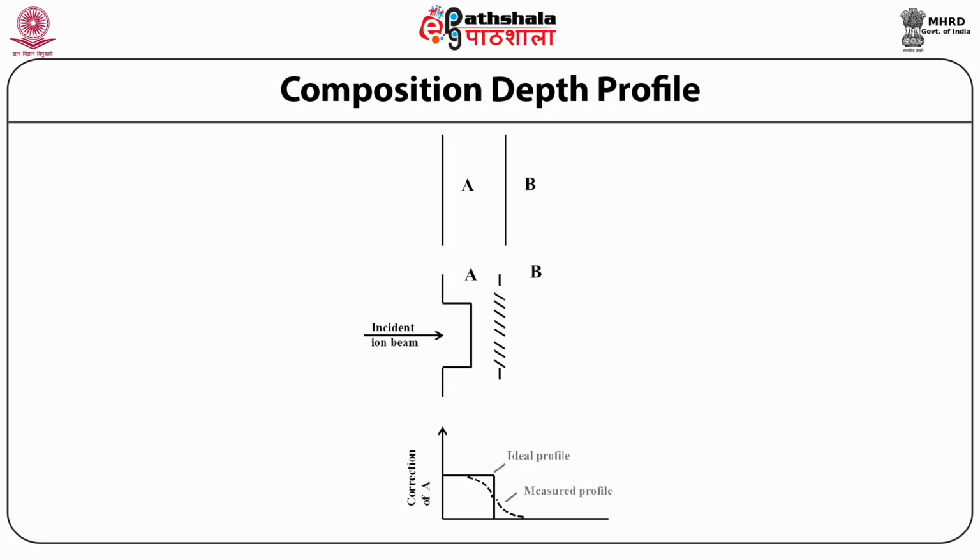The atoms are ejected from the surface of the sample by bombarding ion beams, and by rastering ion beams directed at the surface, a crater develops.